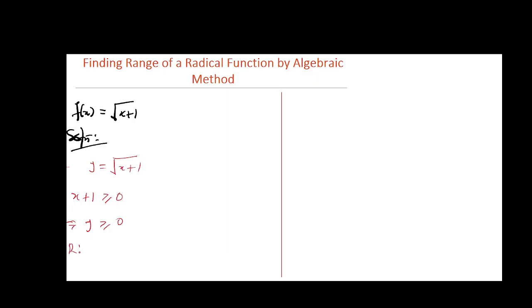Therefore, the range is that y is a set of all real numbers, but y must be greater than or equal to 0. Or we can write it in set notation, meaning y is a set of all real numbers from 0, because it is greater than or equal, so from 0 we write that y is from 0 to infinity.